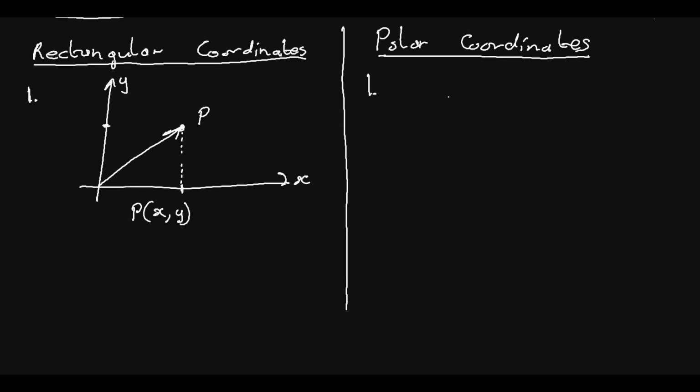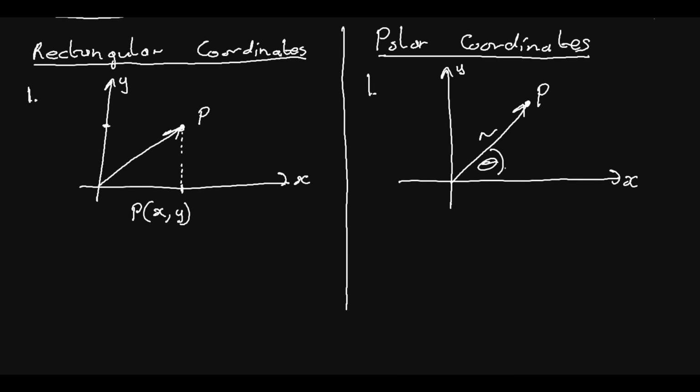In polar coordinate, this will be the x. So basically the polar coordinates sit on top of the rectangular system. To go to any point in space P, you need two things. You need the radius, then you need the angle.